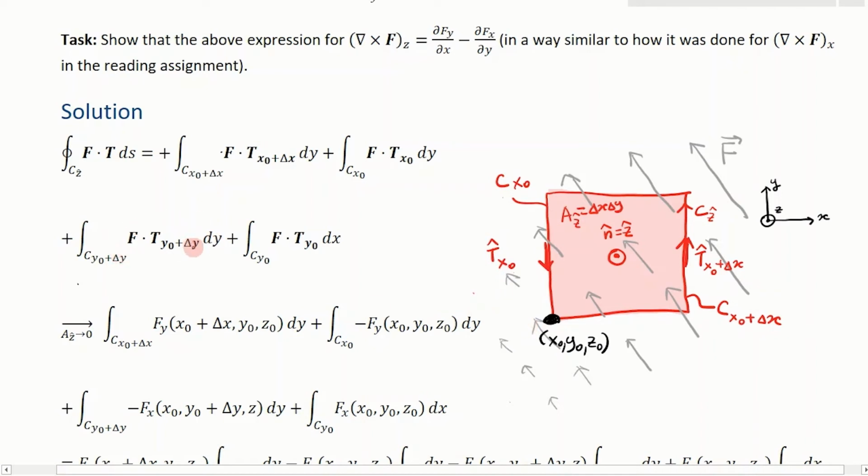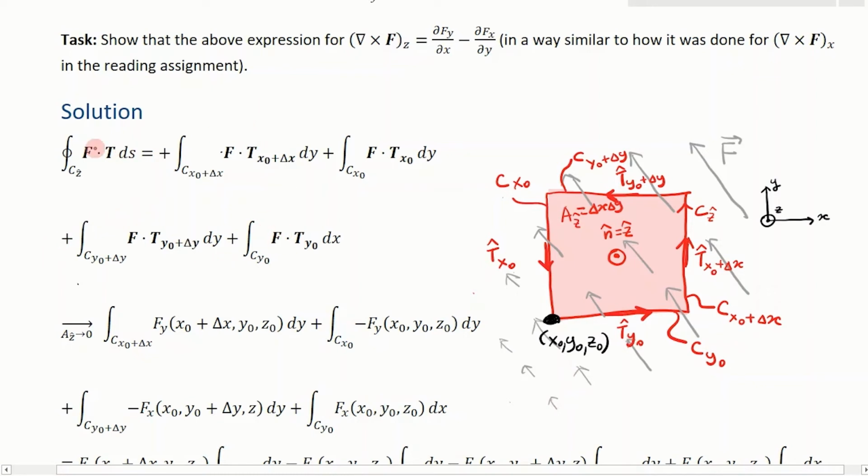This integral is from this contour, c y naught plus delta y, and the tangent vector is in this direction, t hat y naught plus delta y. And the last integral is at this contour, c y naught, and t hat y naught is the corresponding direction unit vector.